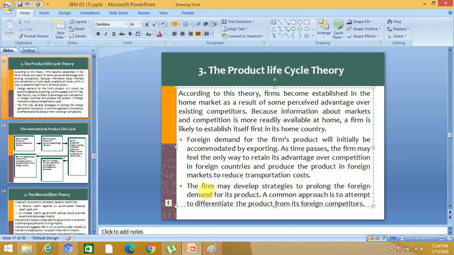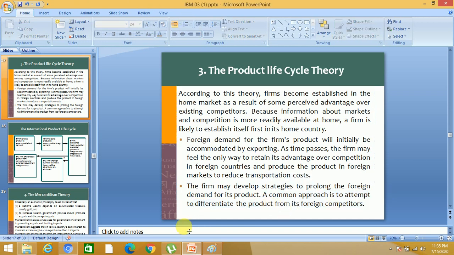Then the next step is that the firm may develop strategies to prolong the foreign demand for its product. A common approach is to attempt to differentiate the product from its foreign competitors. Now in the fourth step, they will try to develop a competitive advantage to differentiate their product from the competitors.